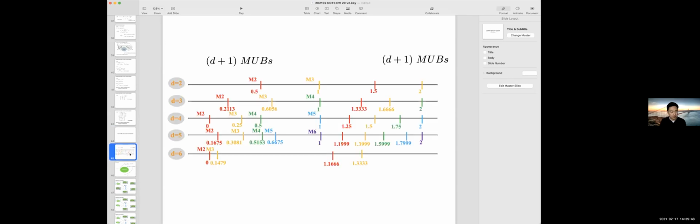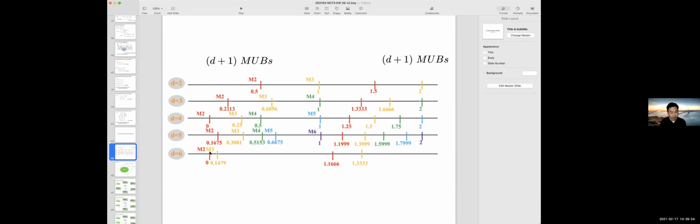Okay, and so on. In dimension 6, we only know 2 MUBs so far, and it's one of the major open questions in quantum information theory whether we have more MUBs or not. So these are the bounds we have found in dimension 6.